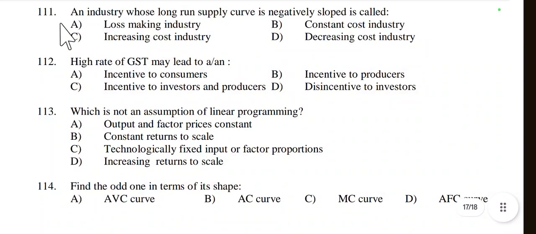Then question number 112, higher rate of GST may lead to. Incentive to consumers, no. Incentive to producer, no. Disincentive to investor, yes, this is right, because a higher rate of GST can act as a disincentive to investor, because it increases the cost of goods and services, potentially reducing consumption and overall profitability.